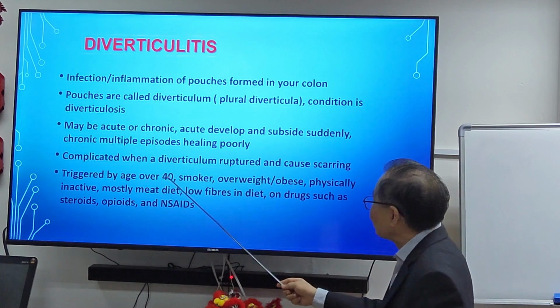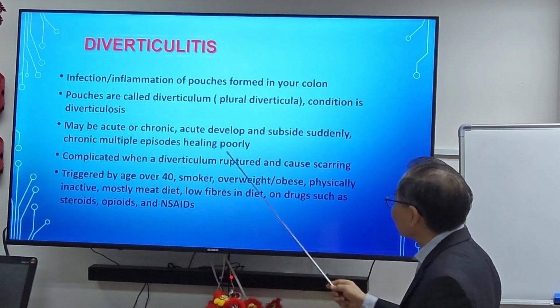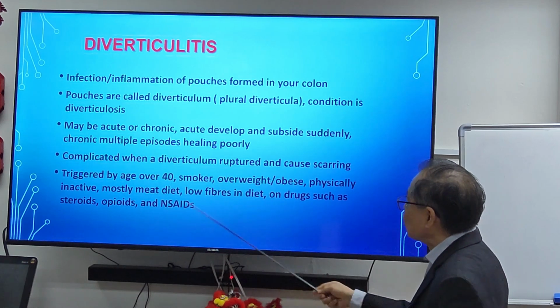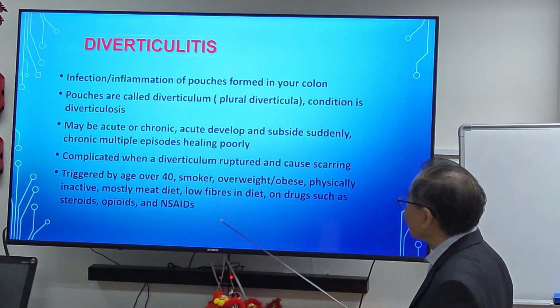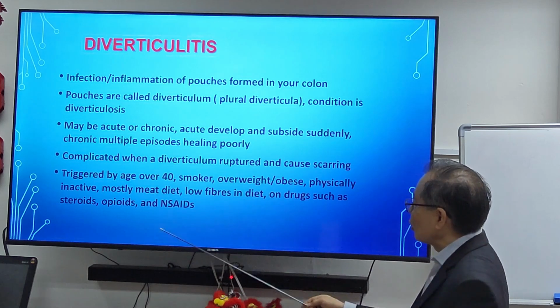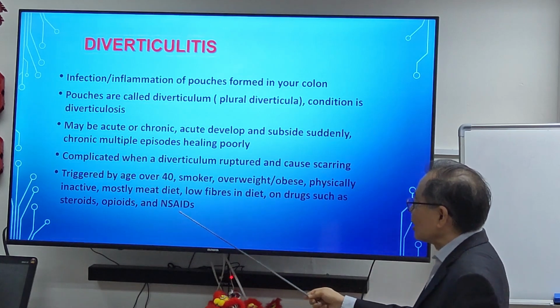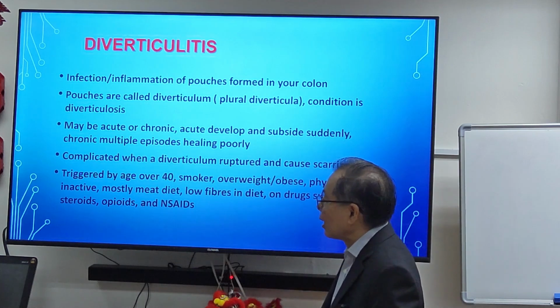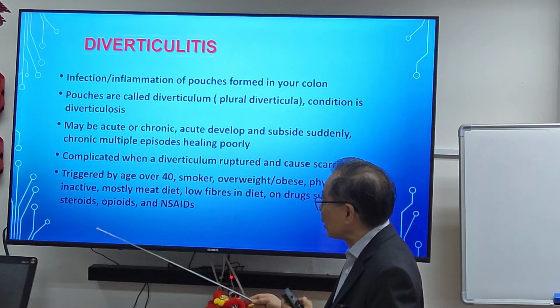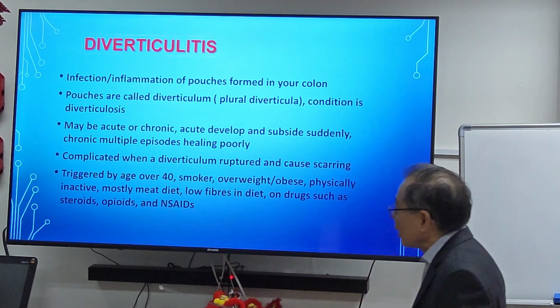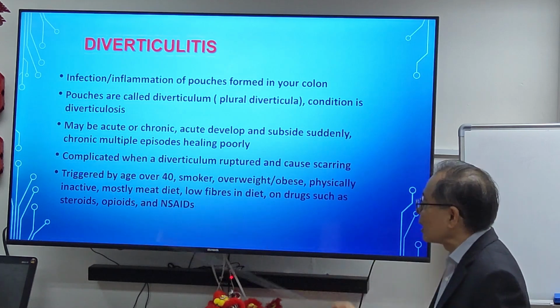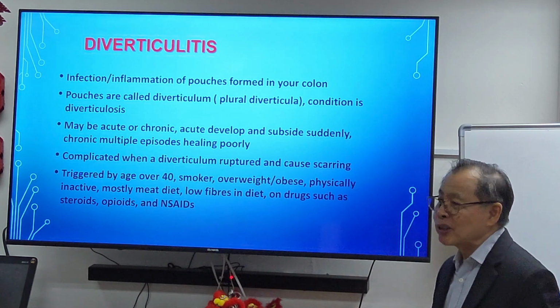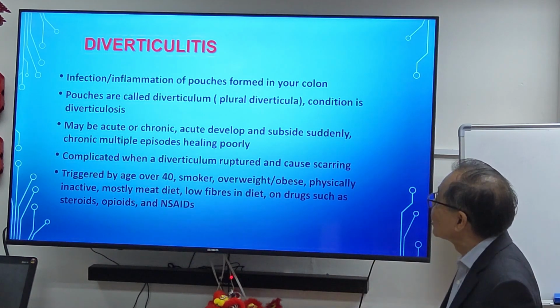So anybody above 40 who is overweight, smoking, physically inactive, on a mostly meat diet, on drugs such as steroids, opioids, and NSAIDs. Steroids are what people take to suppress their inflammation. Opioids are painkillers. NSAIDs are the more common type of painkillers used before they graduated to opioids.